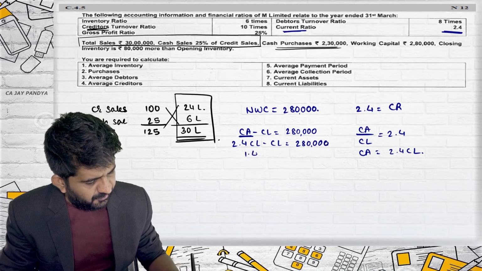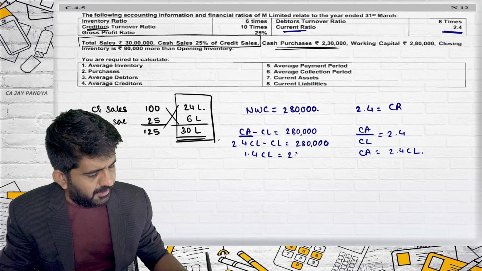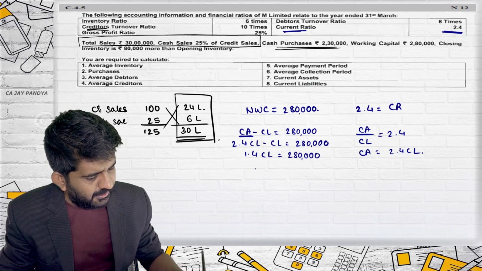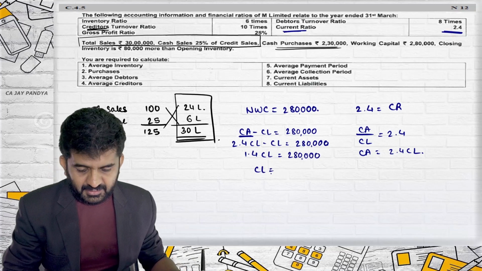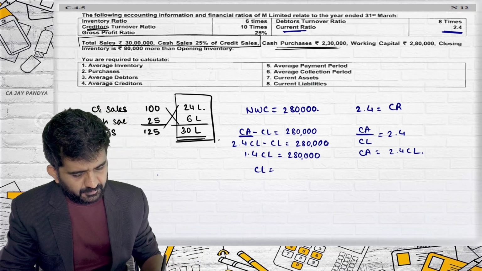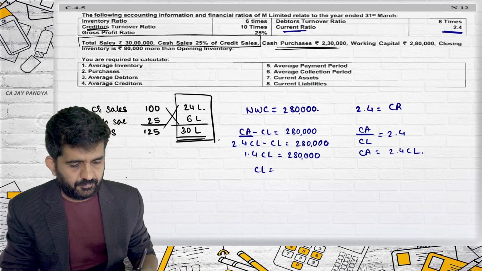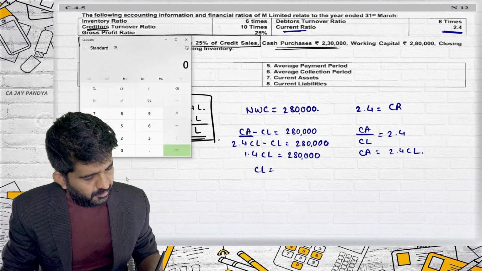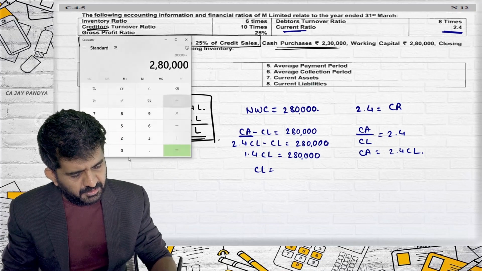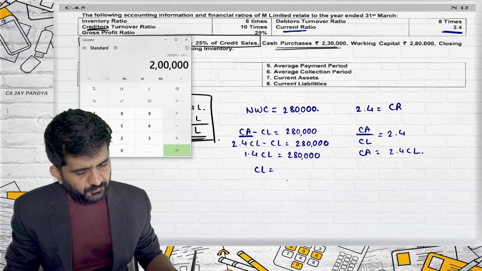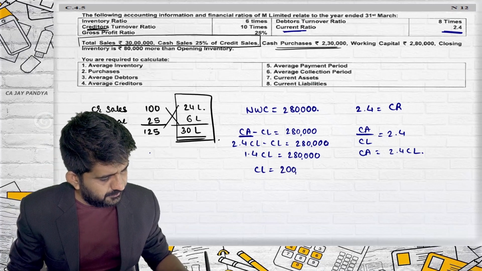So 1.4 current liability is equal to 2,80,000. Current liability will be 2,80,000 divided by 1.4, which is 2 lakhs.